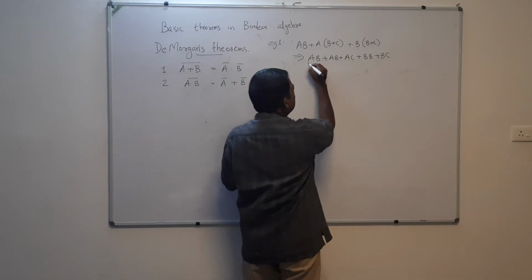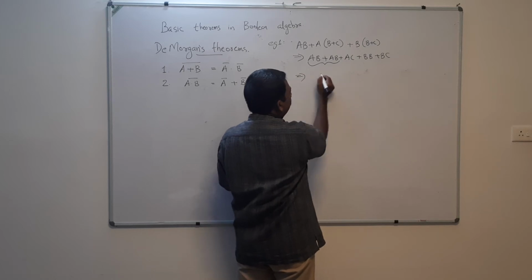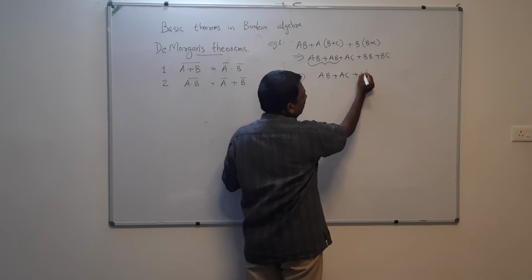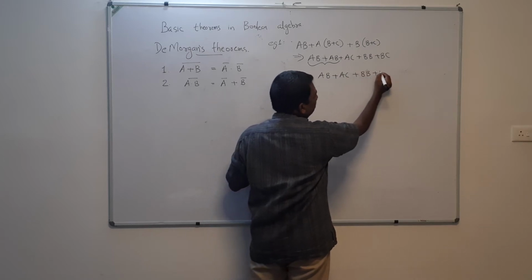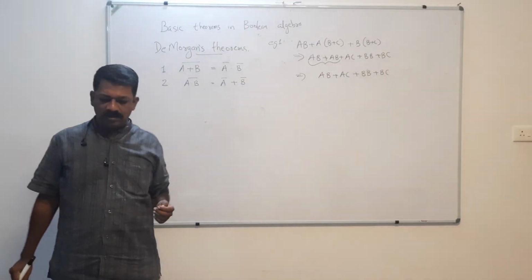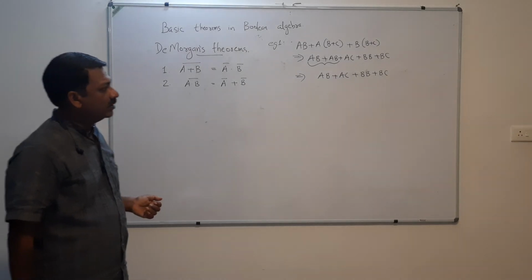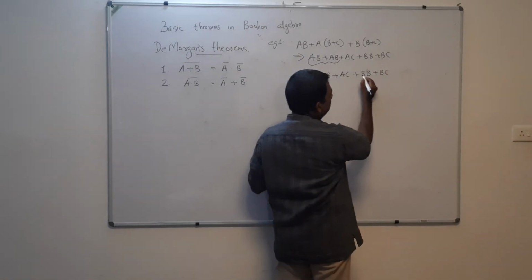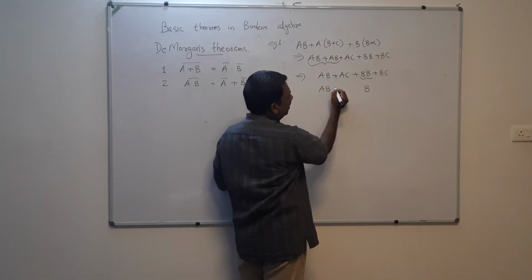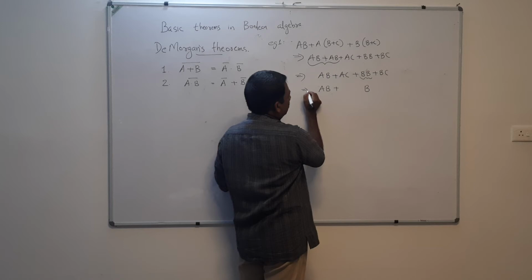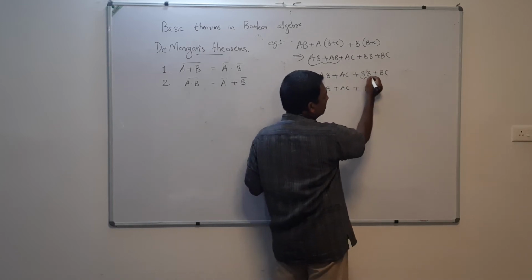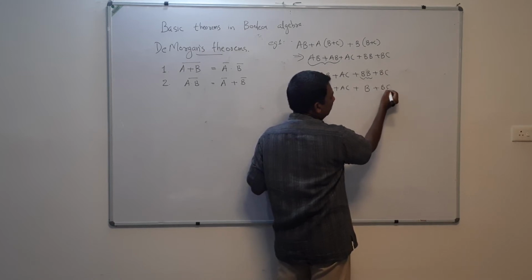That means for these two AB, I am going to have a single AB plus AC plus BB plus BC. Now, this BB can be replaced by B. Now this becomes AB plus AC plus, I'm going to replace this BB with B, plus BC.